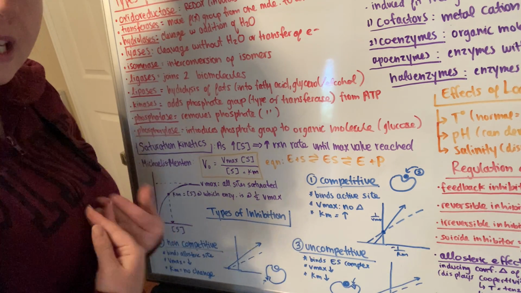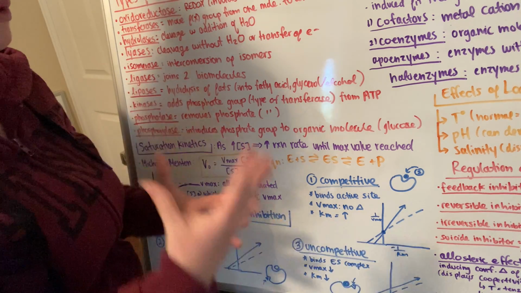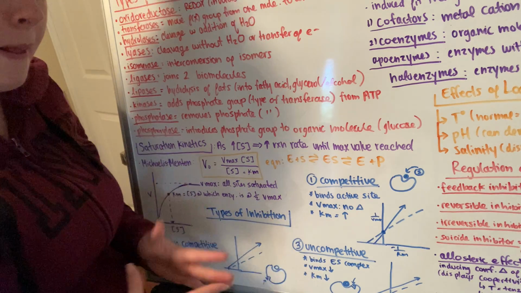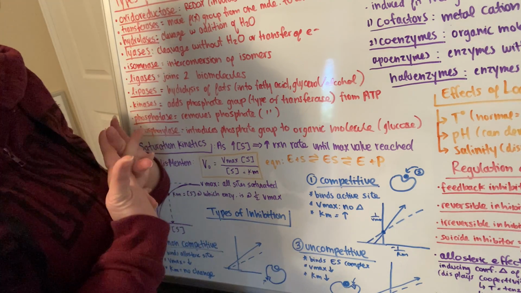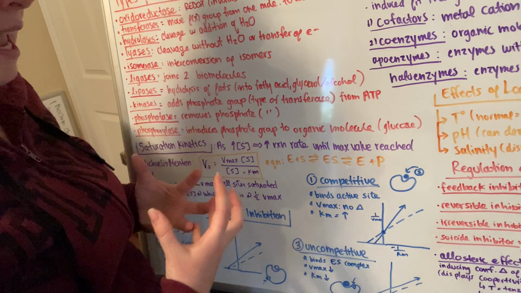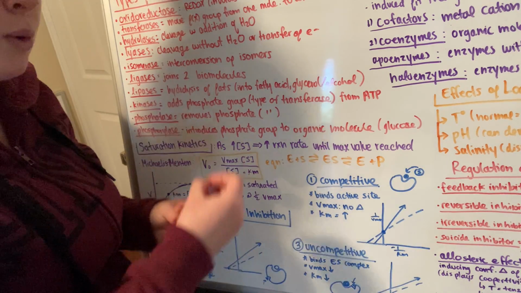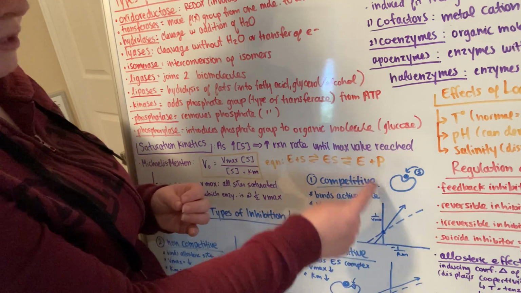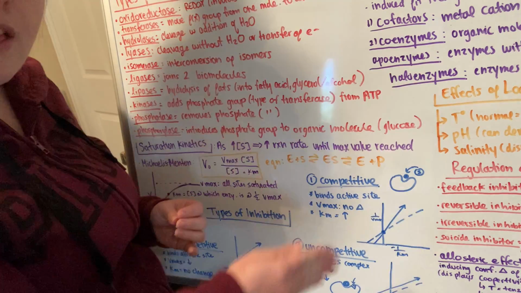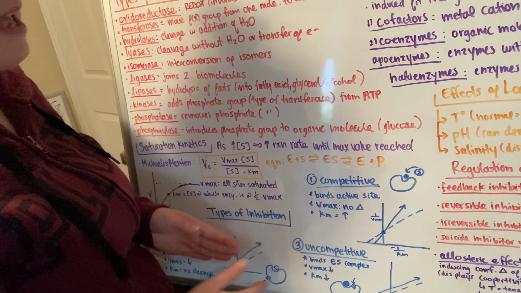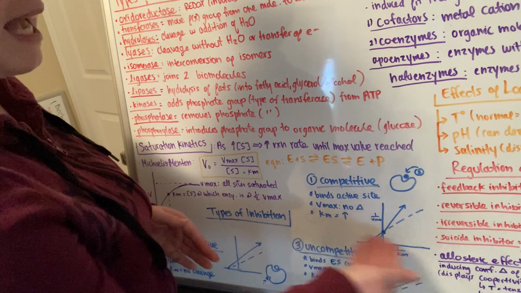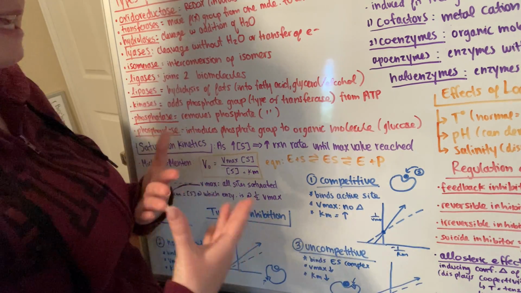For me personally, it took a long time to really understand what those values mean, but I found it more helpful to just say, this y-axis is in relation to the Vmax. If we're talking about Vmax, it's going to be this y-axis. And this x-axis is in relation to the Km.